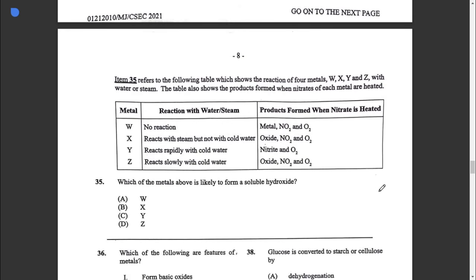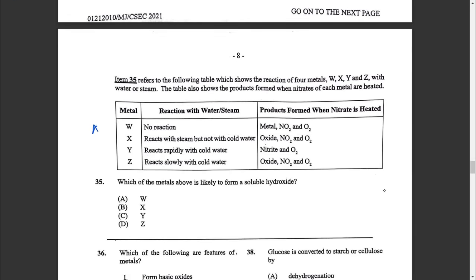Item 35 refers to the following table, which shows the reaction of 4 metals, W, X, Y, and Z, with water or steam. The table also shows the products formed when nitrates of the metal are heated. W is everything that is below hydrogen. We can tell you that for sure.